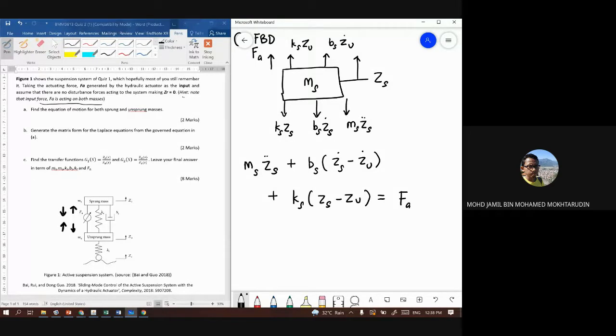If I write in the frequency domain, I will get (Ms s squared plus Bs s plus Ks) Zs minus (Bs s plus Ks) Zu equals Fa. Okay, so this is equation 1.